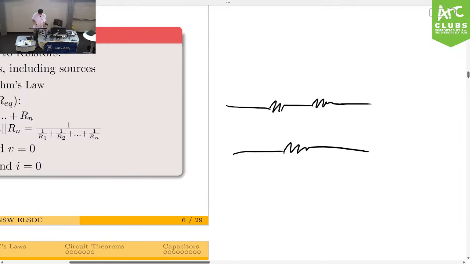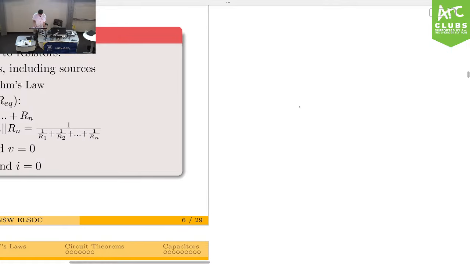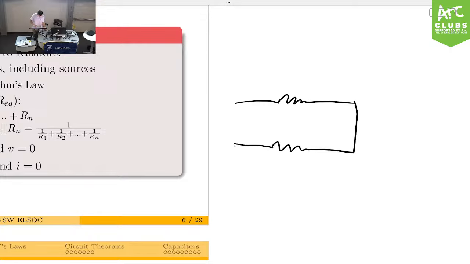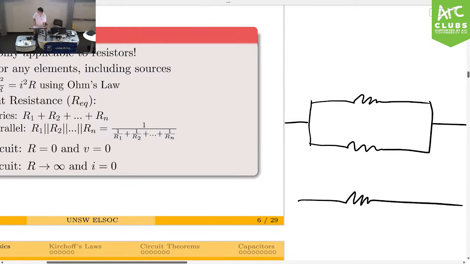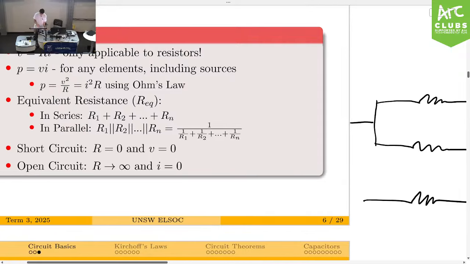And likewise in parallel, if we have two resistors in parallel, you can simplify this down to just one resistor, and the resistance of this is given by the sum of the reciprocals, and then you flip it again. So 1 over the sum of the reciprocals.